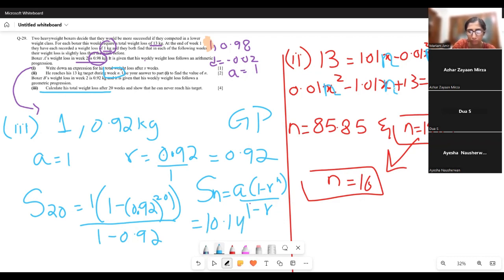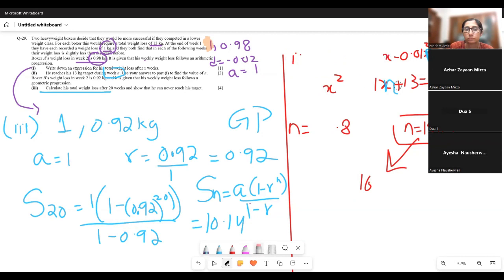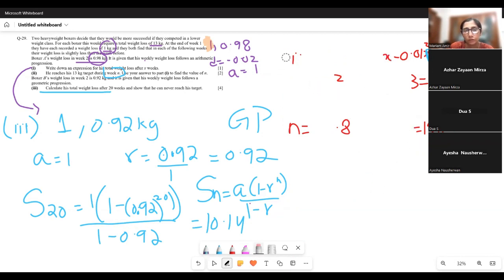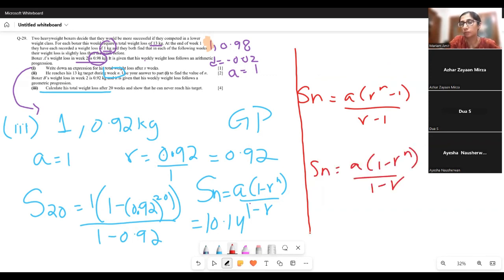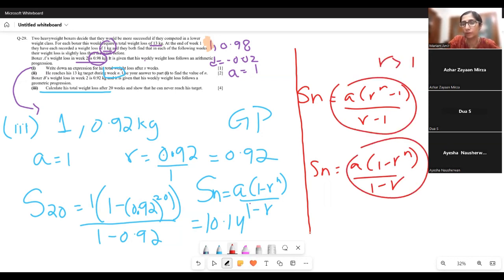And what do we do in the case where r is greater than 1? We do the same. Would it become negative? If r is greater than 1 and we subtract it, the numerator becomes negative, but the denominator also becomes negative, so it cancels out and becomes positive. There are actually two formulas. One is a r to the n minus a, upon r minus 1. And the other one is Sn equals a times 1 minus r to the n over 1 minus r. Books have these. The first is for when r is greater than 1 and the second when r is less than 1. But in the marking scheme and also in the formula sheet, they just mention one formula for both cases, and it works for both cases.